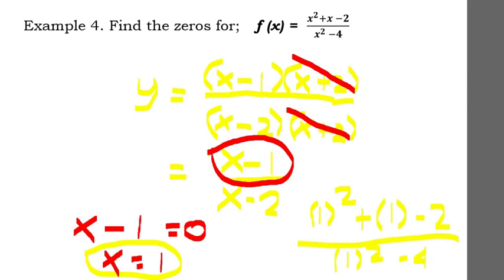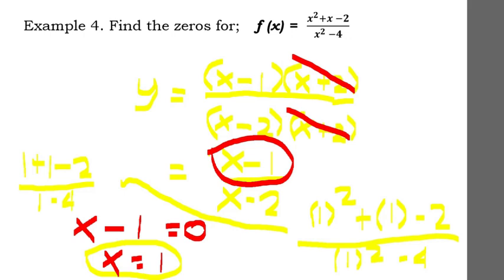So 1 squared is equal to 1, plus 1, minus 2, over 1 minus 4.